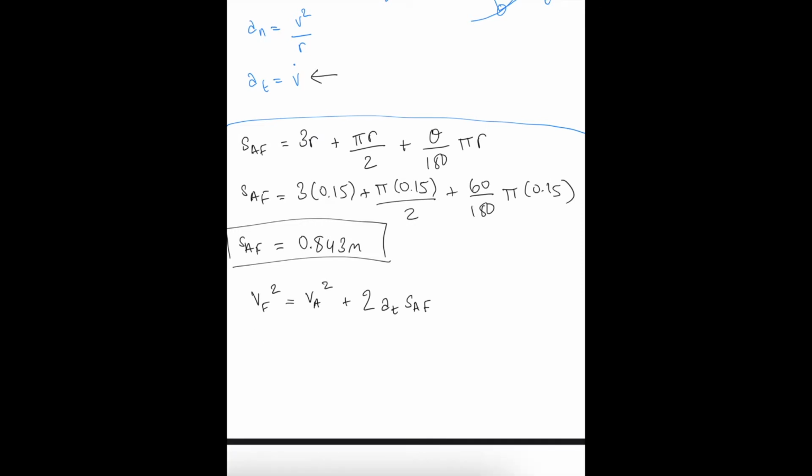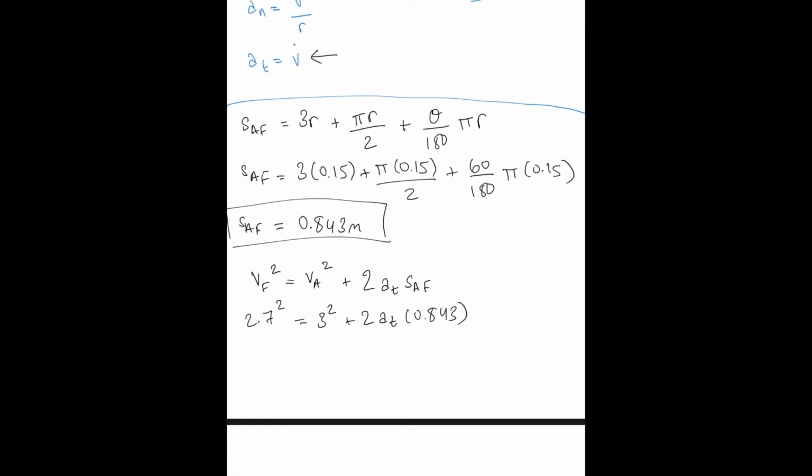We know that v_F, we calculated it before, to be 2.7, and v_A we know is 3. S we found out to be 0.843. So once we solve for that, we get a_t is equal to minus 1.014 meters per second squared.